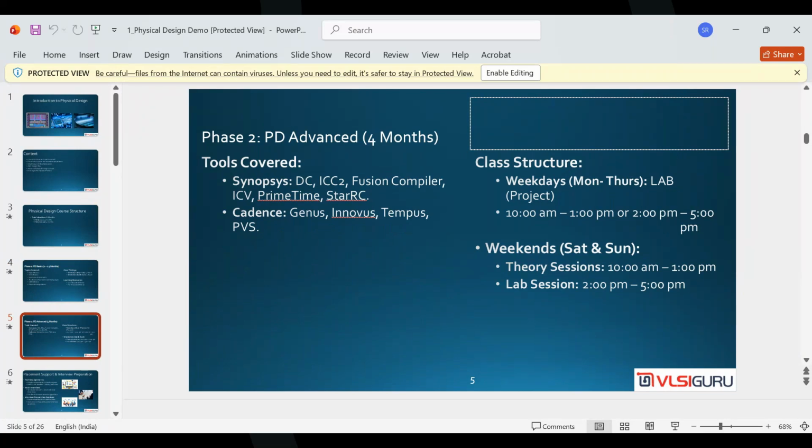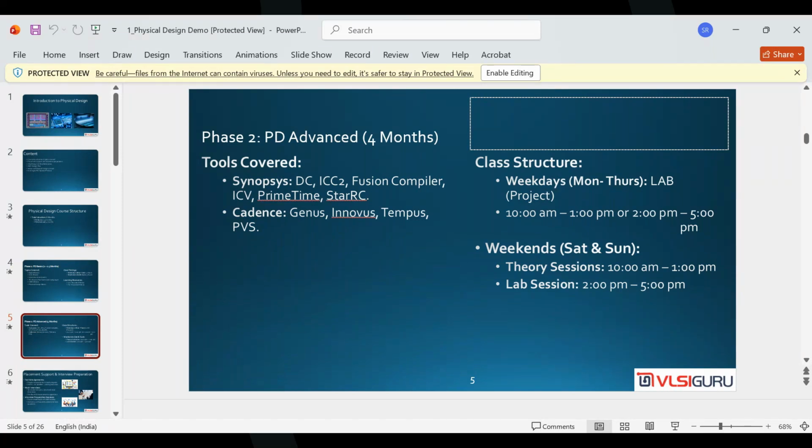ASIC VLSI is very huge, it is kind of an ocean, right? And we cannot directly introduce you to physical design. For that we need to build some foundation for you to understand what is going on in VLSI. That is the reason the basic part is given, which is helpful for everyone who wants to join VLSI design as a fresher.